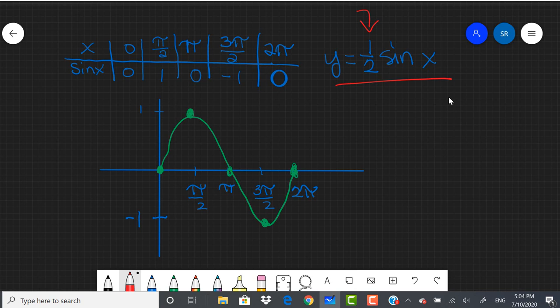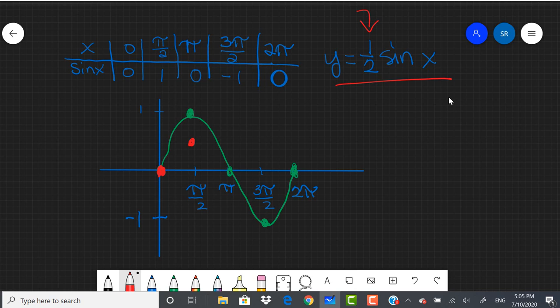Here, instead of the maximum being at 1, it will now be at 1/2. So my 0 point is not changing. It still will be here. But instead of at pi over 2 it being at 1, it is only going to be at 1/2.